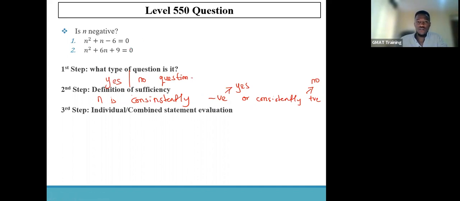Looking at the first statement, it tells us that n squared plus n minus 6 equals 0. For this question, you can look at the statement and, borrowing from your understanding of algebra, tell whether it would yield positive or negative values, or a combination of both, for the variable n.